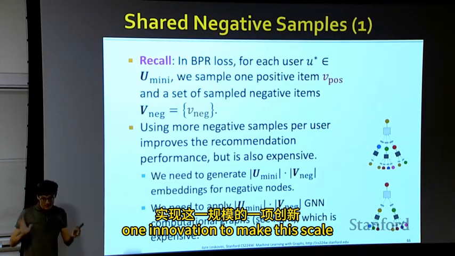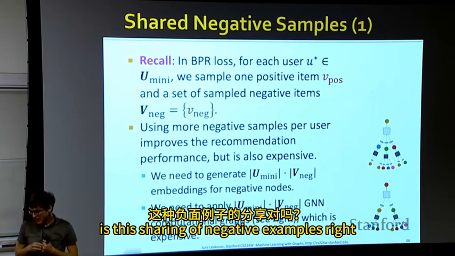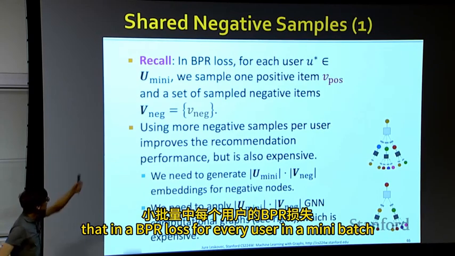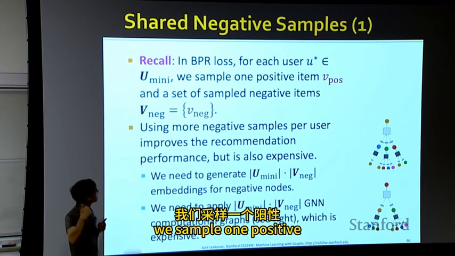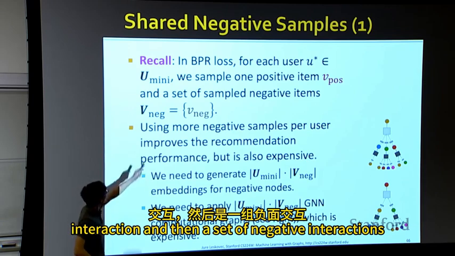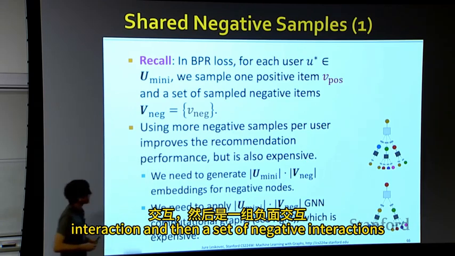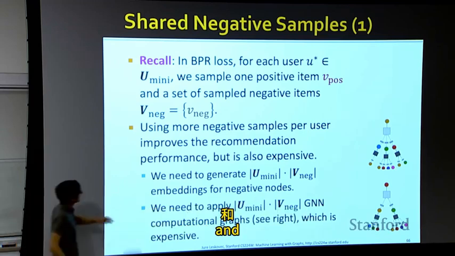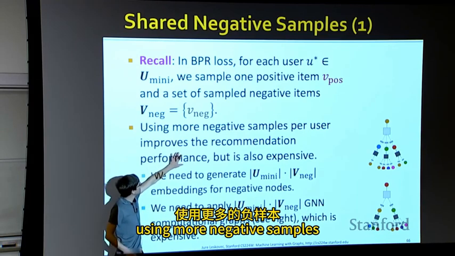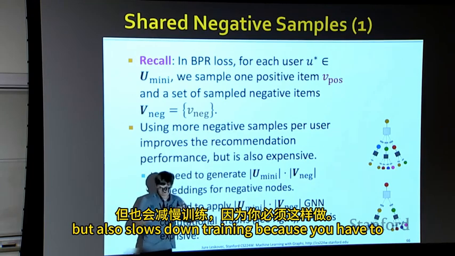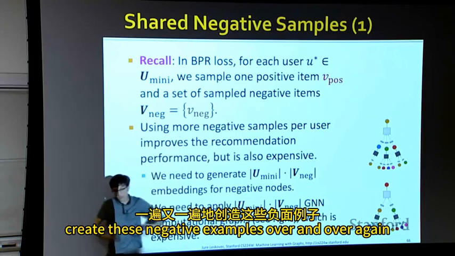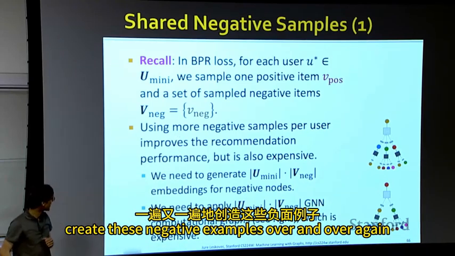One innovation to make this scale is this sharing of negative examples, right? In a BPR loss, for every user in a mini batch, we sample one positive interaction and then a set of negative interactions. Using more negative samples per user improves recommendation performance, but also slows down training because you have to create these negative examples over and over again.